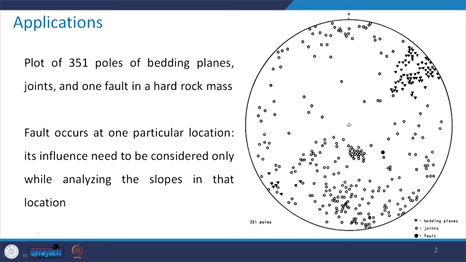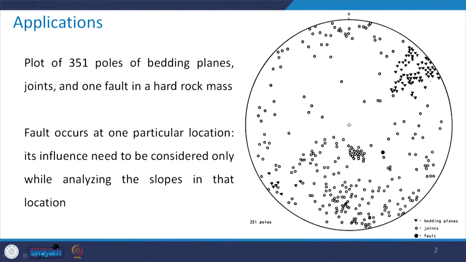In the previous classes, I mentioned to you that a plane can be represented in this graphical form with the help of either a great circle or a pole. So, you see that in this figure, bedding planes and joints, which are all planes, have been plotted with the help of poles.